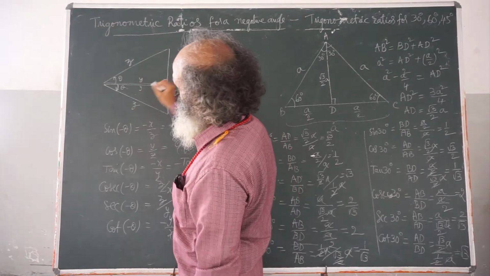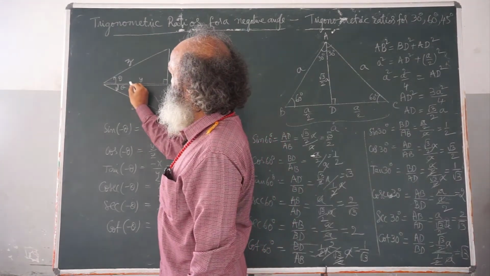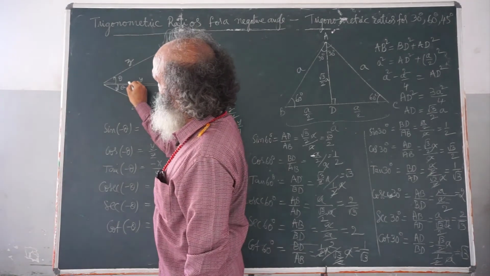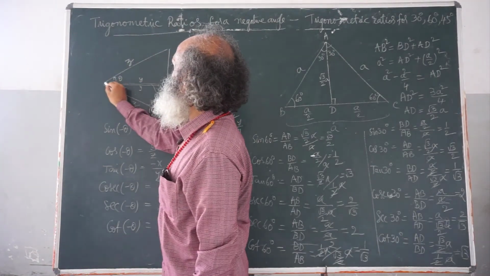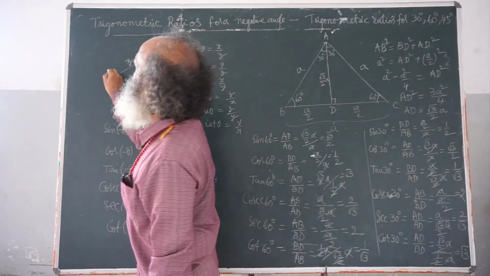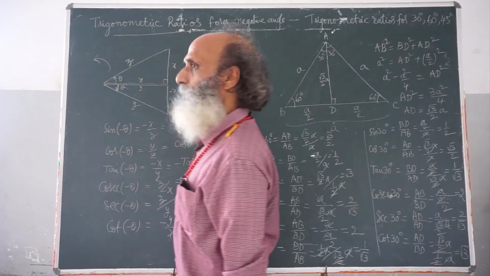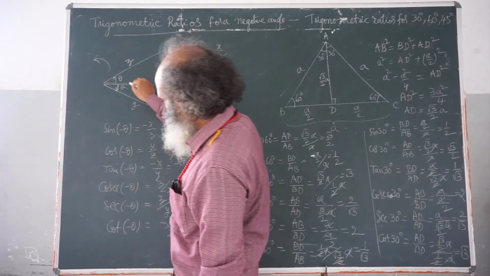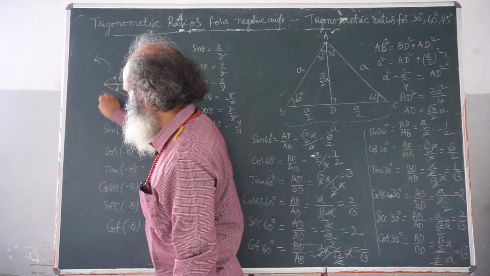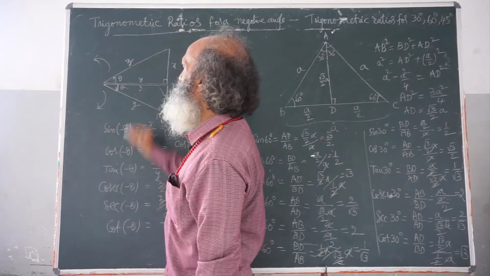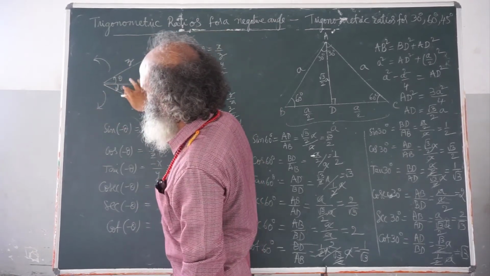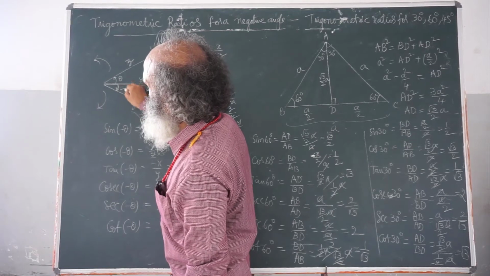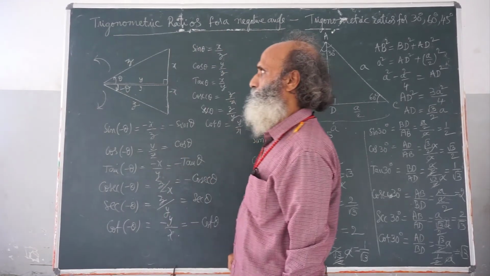Now, to make this angle, this side has to rotate in this direction, which is anti-clockwise. But if it has to come this way, it has to rotate in this direction, clockwise. Therefore, when this angle is theta, this angle will be minus theta.